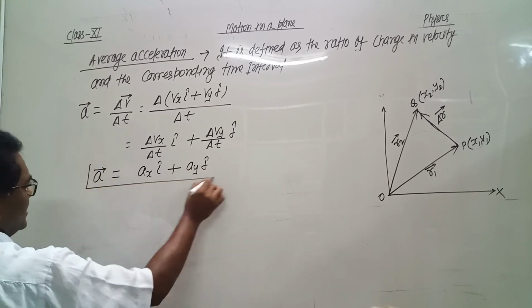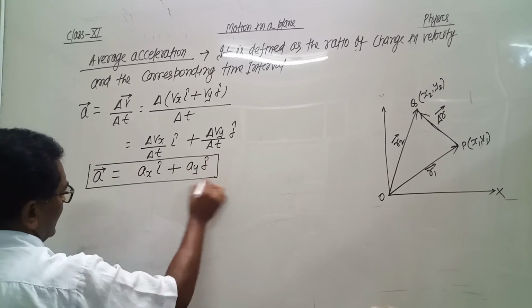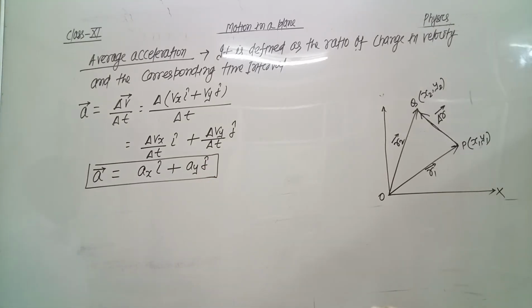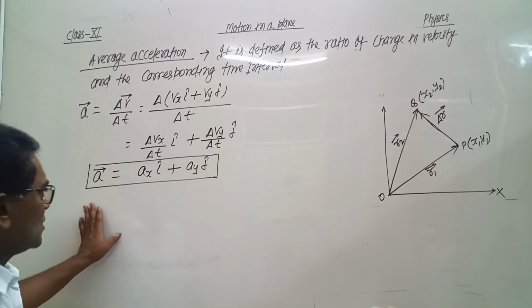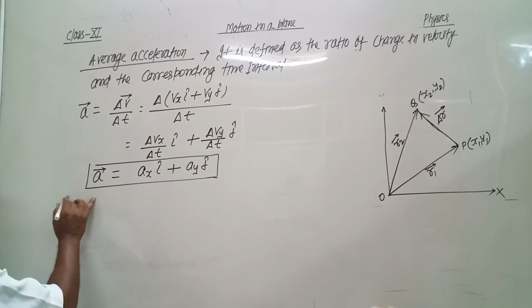So the acceleration in terms of its rectangular components is A vector equals Ax i cap plus Ay j cap.